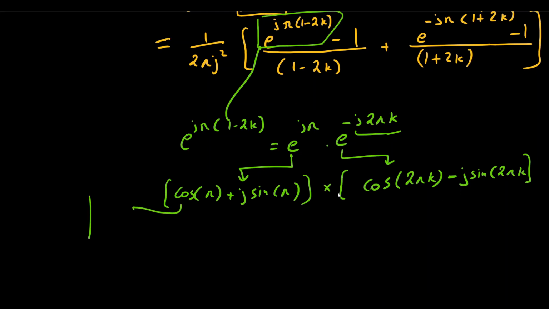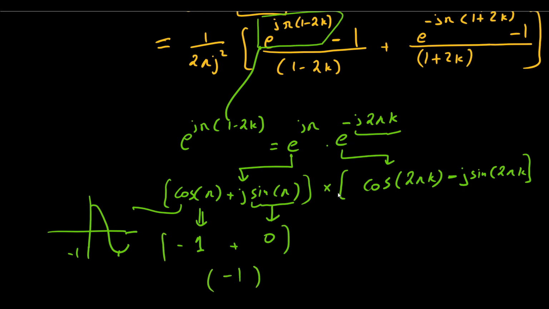Now this cos function at pi is minus 1, so this is simply minus 1, and sine function at pi is always 0, so we have a minus 1 coming from here, and this function for all values of k is simply 1, so we have a 1 coming out of here.